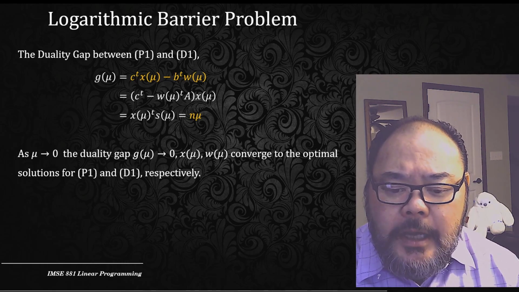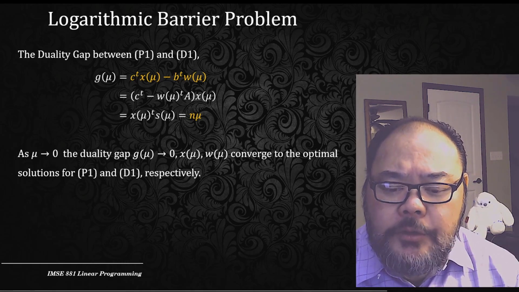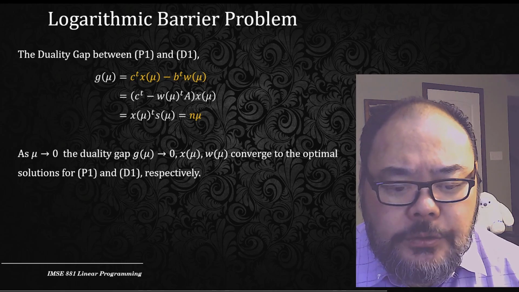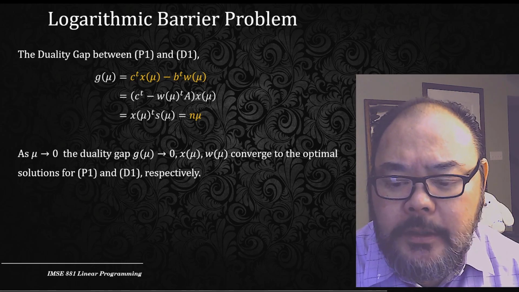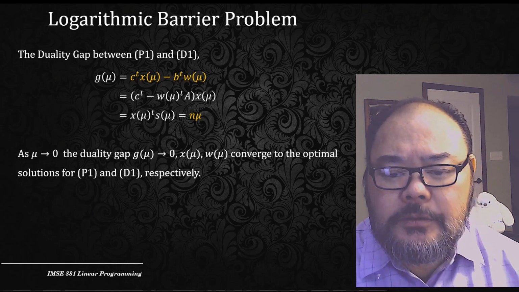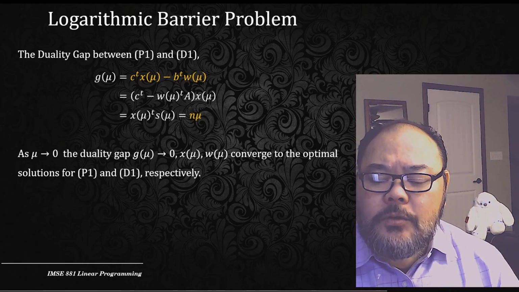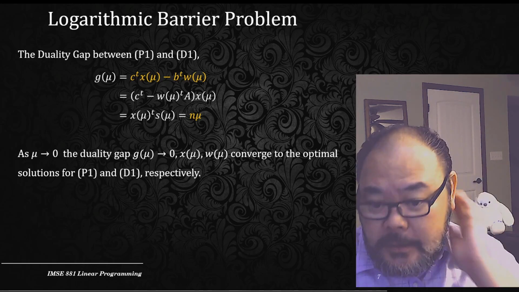The corresponding x_mu and omega_mu, the primal and dual solutions, converge to the optimal solutions for P1 and D1 respectively. So this is a fairly straightforward development.